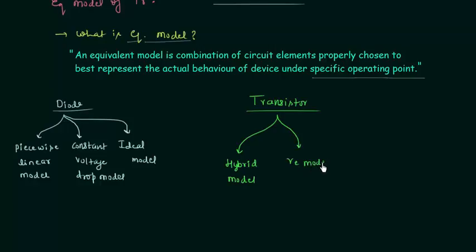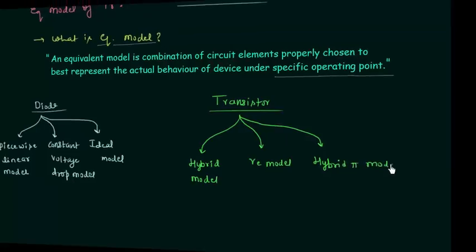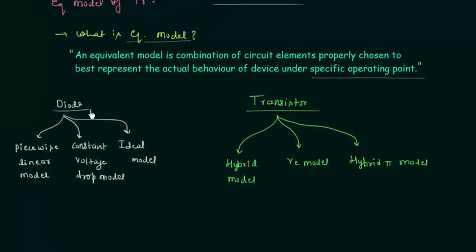The RE model is also called the dynamic emitter resistance model, and the last model is the hybrid pi model. In case of diodes, we generally use the constant voltage drop model. In case of transistors, we generally use the RE model. All the three models are for small signals.